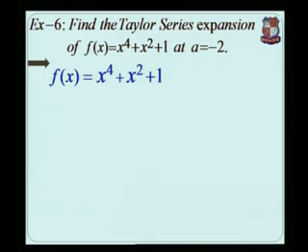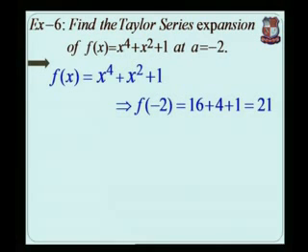The point is minus 2, so we find the value at the point minus 2. So f(minus 2): minus 2 raised to 4 is 16, minus 2 square is 4, and plus 1, so the result is 21, so f(minus 2) is equal to 21. We find the first derivative of this: x raised to 4 has derivative 4x cube, x square has derivative 2x.